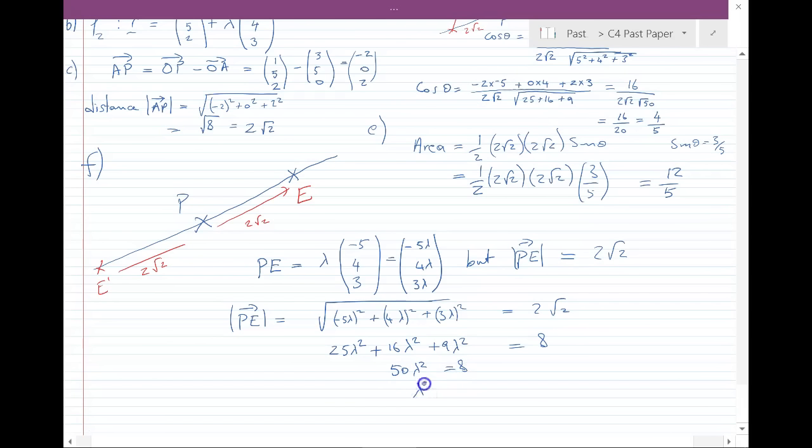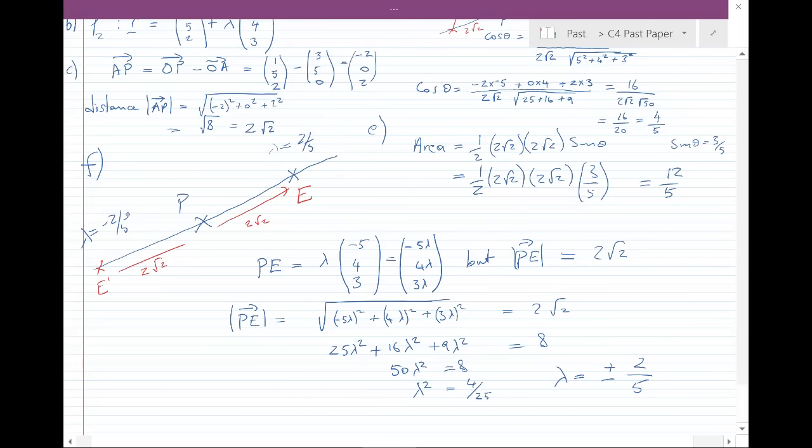Lambda squared equals 4 over 25. So this gives me my 2 possible values, plus or minus 2 over 5. That might be the positive one, say. I've chosen them arbitrarily, of course, and the other one will be the negative one.